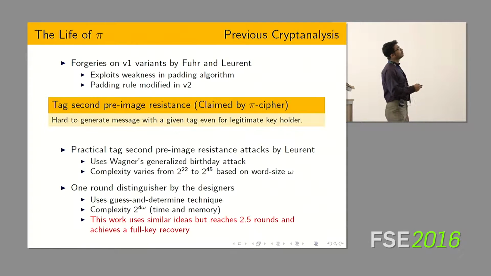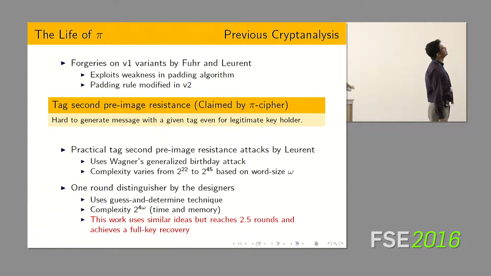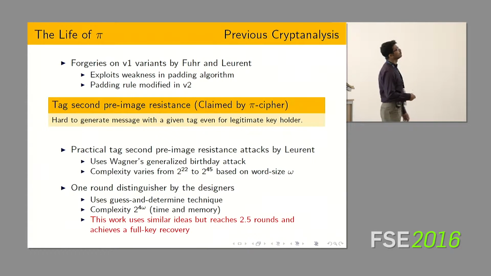And finally, these are the present cryptanalysis results available for Cipher. The first one was reported by Ford and Lorno, who exploited a weakness in the padding function. In version 2 of the Cipher, this function was fixed, and they are now using the typical 1-0-star padding.